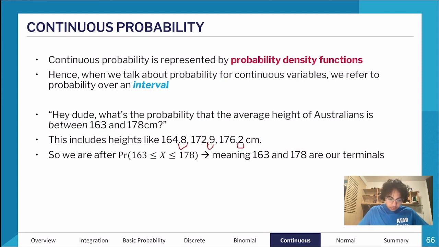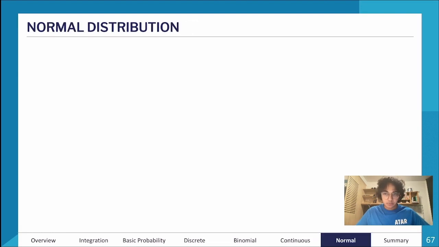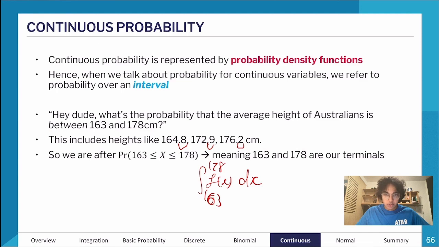If we want to find 163 to 178, we take the integral from 163 to 178 of f of x with respect to dx, as shown in the slide earlier. When we're doing those calculations, 163 and 178 are going to be our terminals.